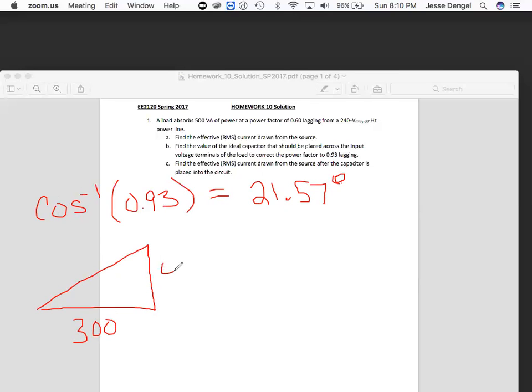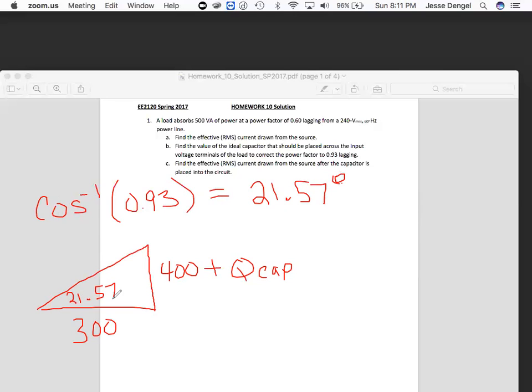We know that our original value is 400, but what do we need to add to this, our Q cap, in order for this theta to be 21.57 degrees?